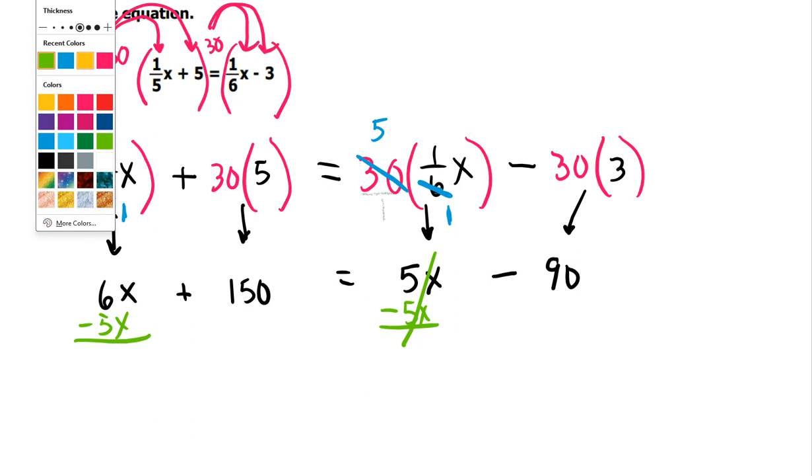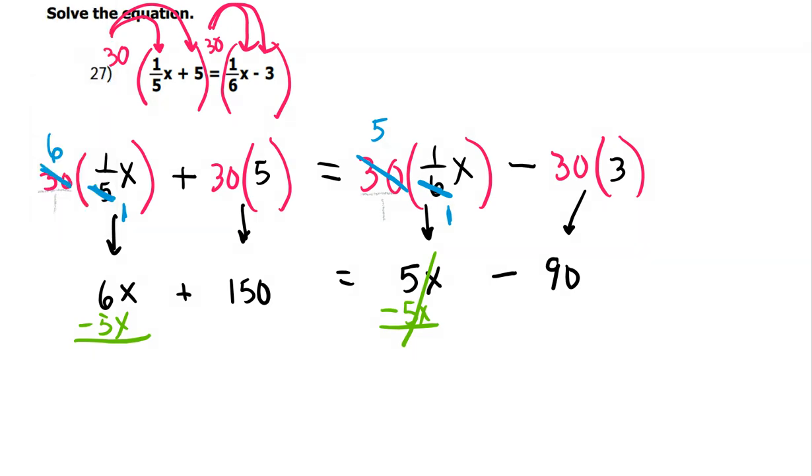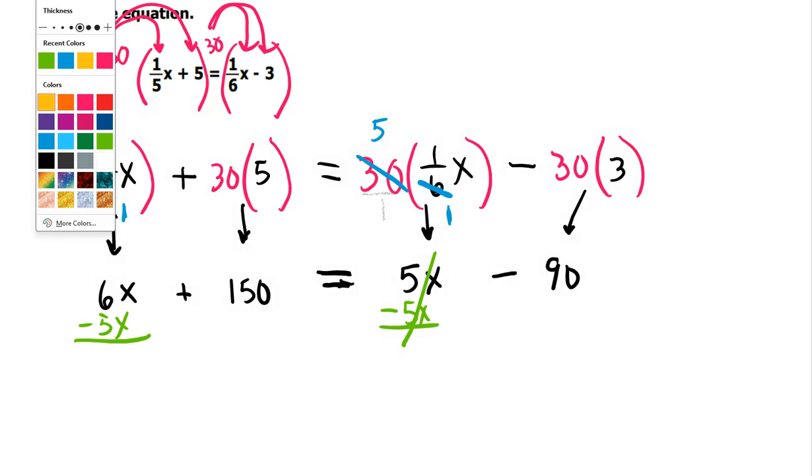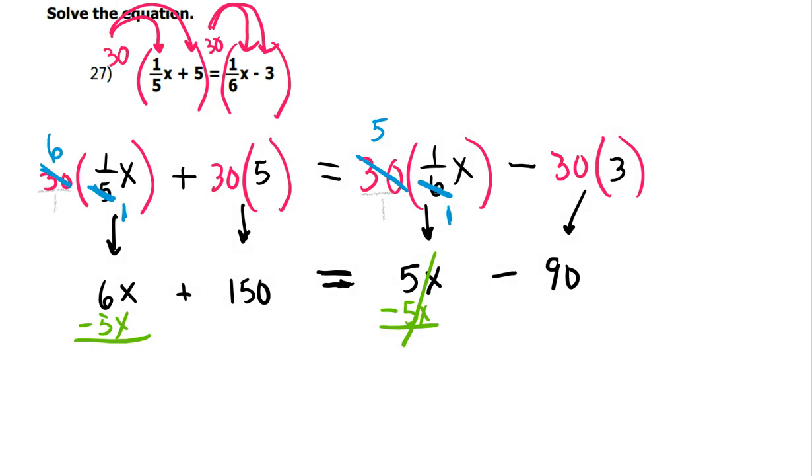But in the same breath, since my x's are going to be on the left side of the equal sign, I don't want that 150 over there, so I'm going to get rid of him too. Since it's a plus 150, I'll subtract 150, because a positive 150 and a negative 150 is 0. It cancels it out. And then I have to do a negative 150 over here as well.